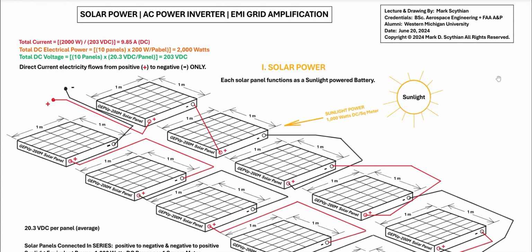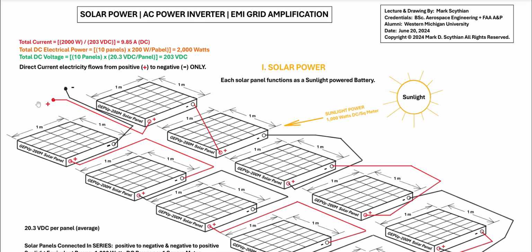And then we have a total wattage of 2000 watts DC. This allows us to then divide the wattage into the voltage to calculate that constant current. So in this case, it's 9.85 amps.